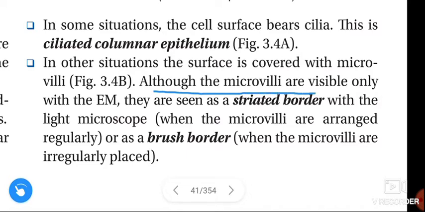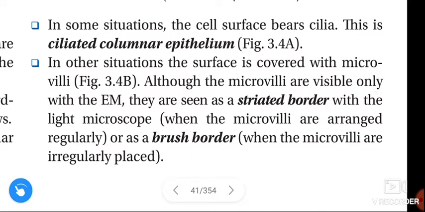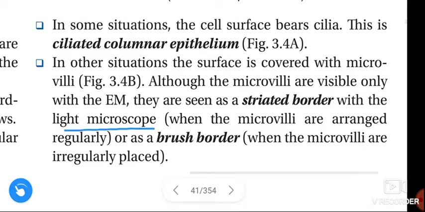Although the microvilli are visible only with the electron microscope, they are seen as the striated border with the light microscope when the microvilli are arranged regularly.